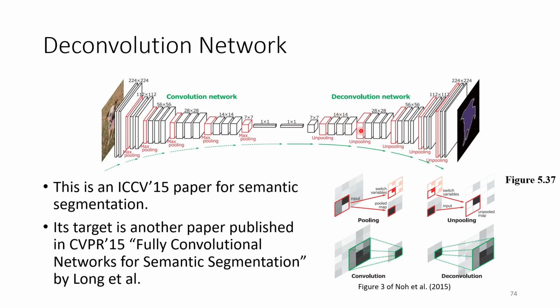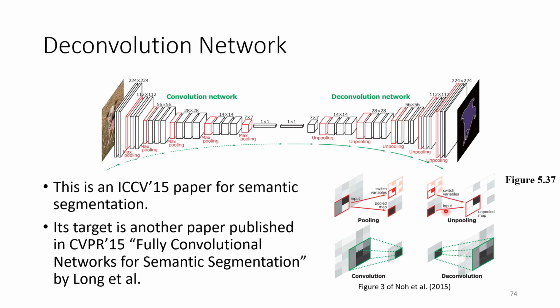So what is this? That is the deconvolution operation. And upsample it again. So the resolution from 7 by 7 becomes 14 by 14, 28 by 28, 56 by 56. Every time you apply unpooling, you will increase the resolution.